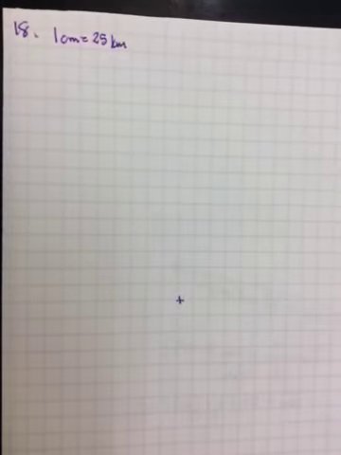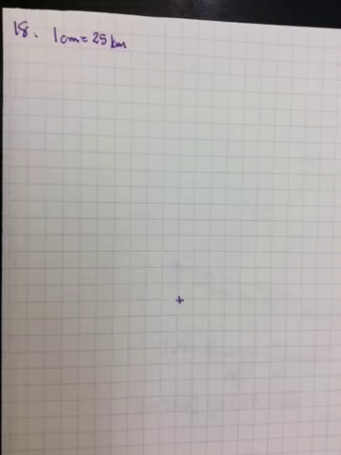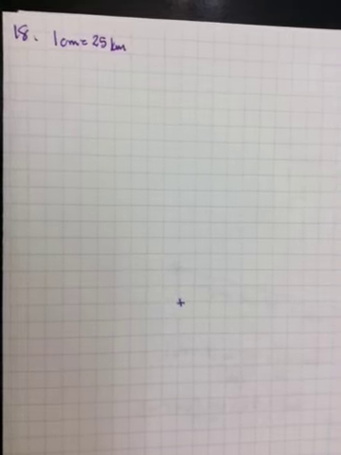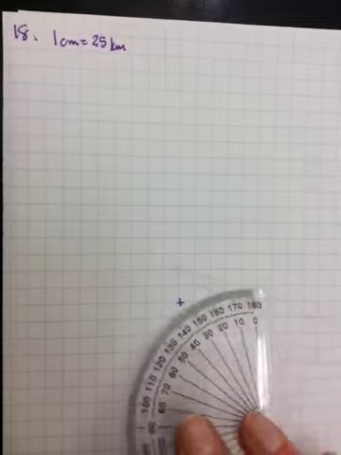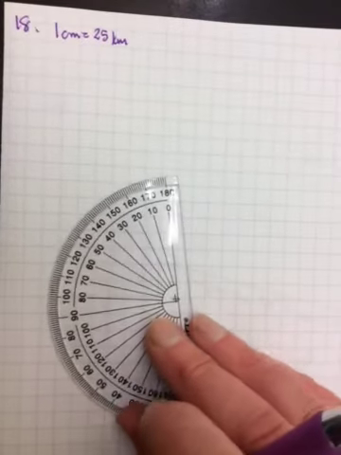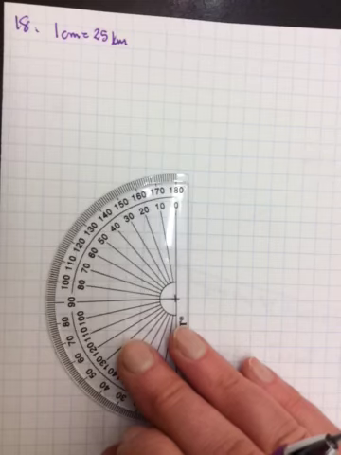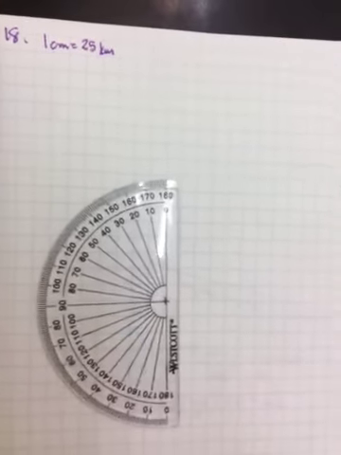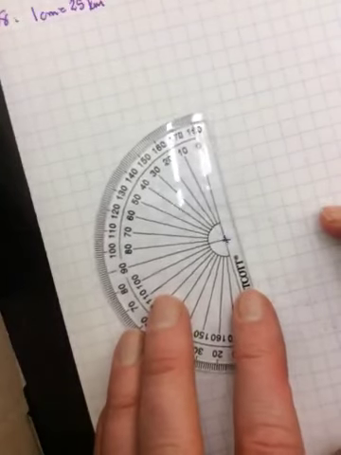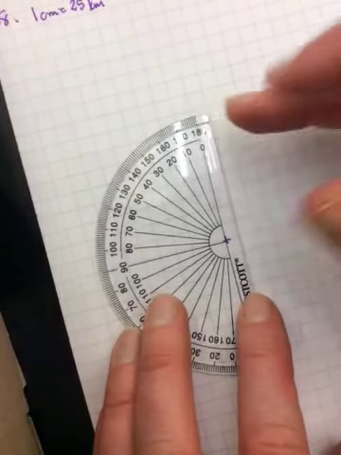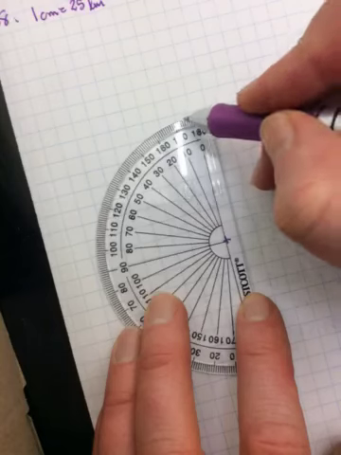1 to 25, so 195 is going to be really close to 8. It's going to be 7.8, and the angle is north 15 degrees west. So line your protractor up with your east-west. I need to balance my thing again. And then north 15 degrees west.